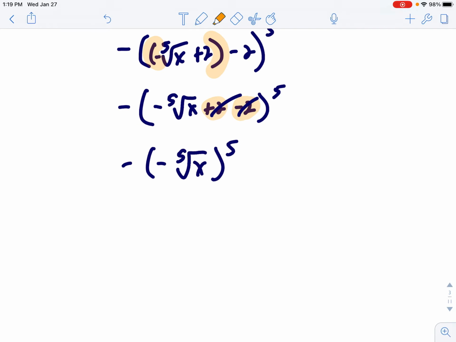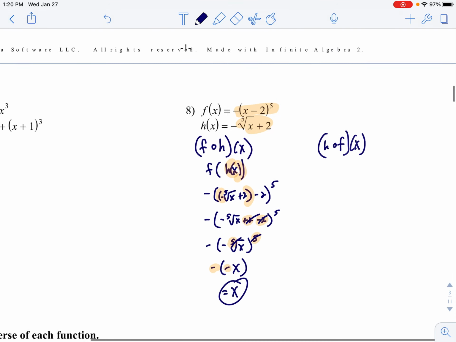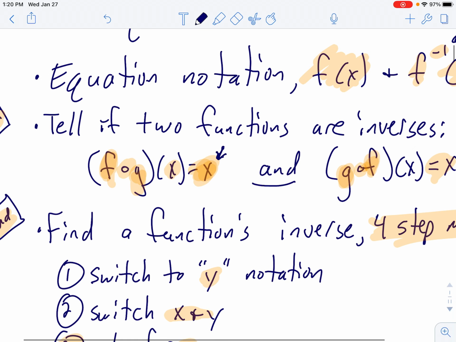Next, I have a root and a power. If you raise something to the fifth power and then take the fifth root of it, they cancel out, leaving us with negative x. And then finally, a double negative equals a positive. This equals positive x.